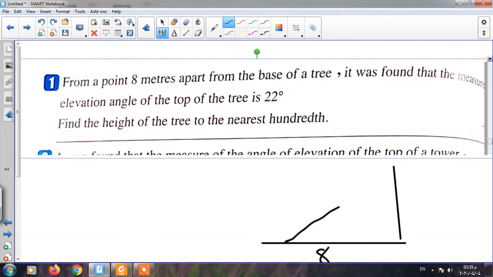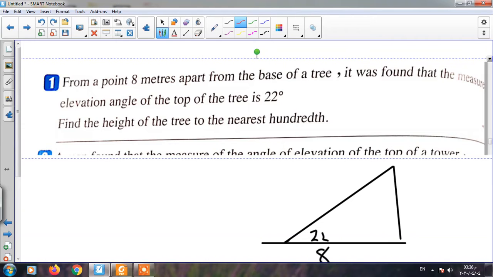You are going to look from here upstairs at the top of the tree, and you will find that the angle of elevation is 22 degrees. So this angle is going to be 22 degrees.